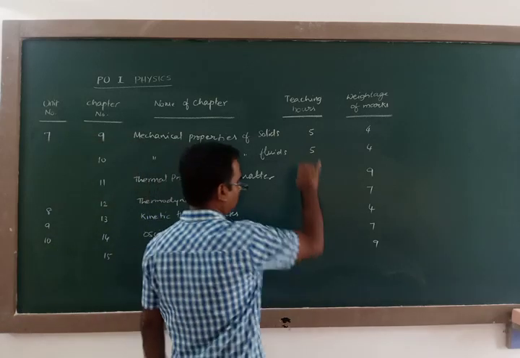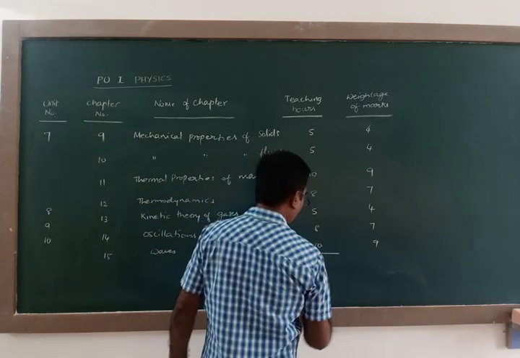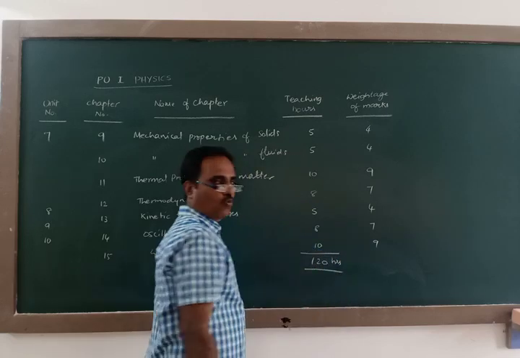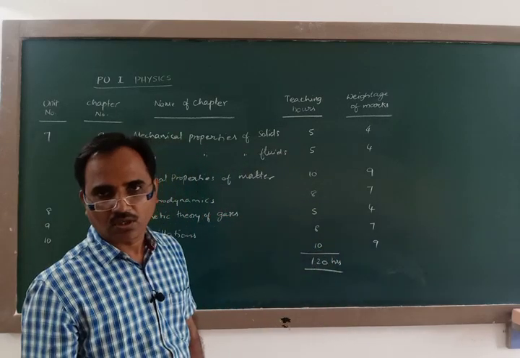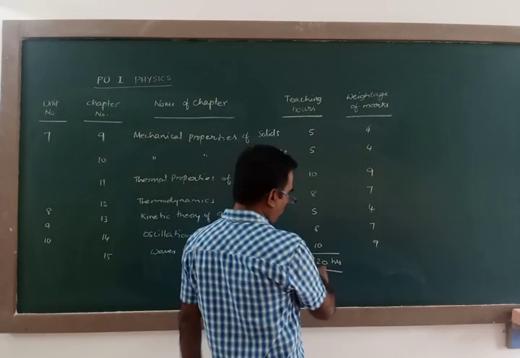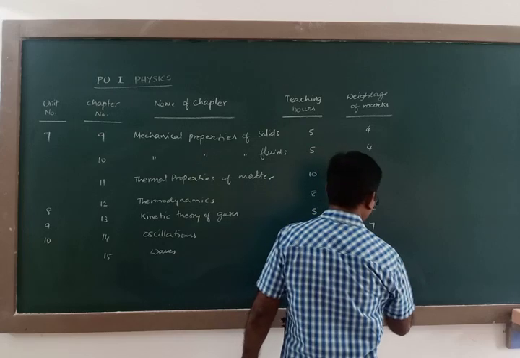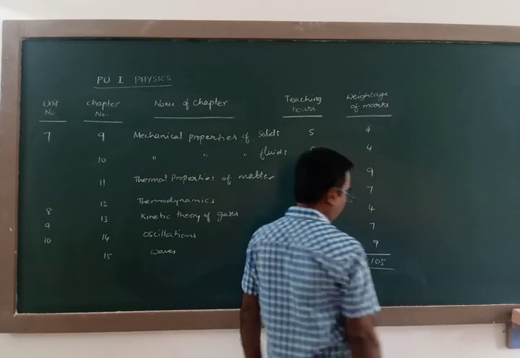If you sum up the total duration of your syllabus, it comes to be 120 hours. From this 120 hours syllabus, if you add up all these marks, it comes to nearly 105 roughly.